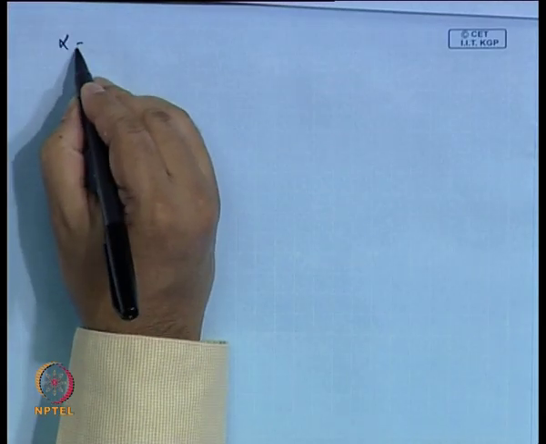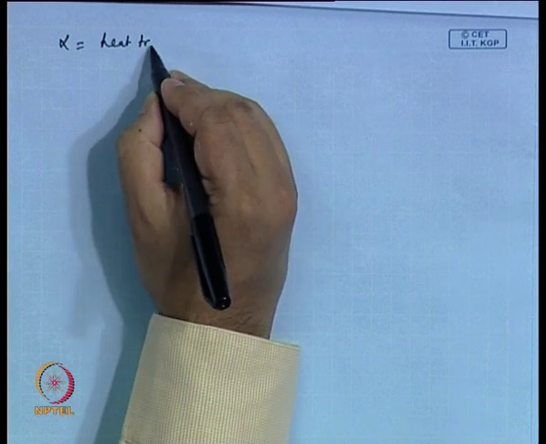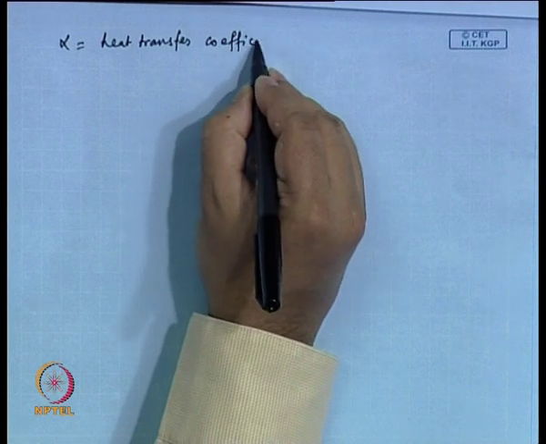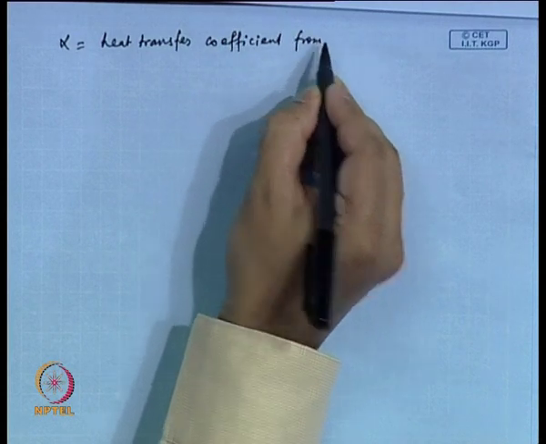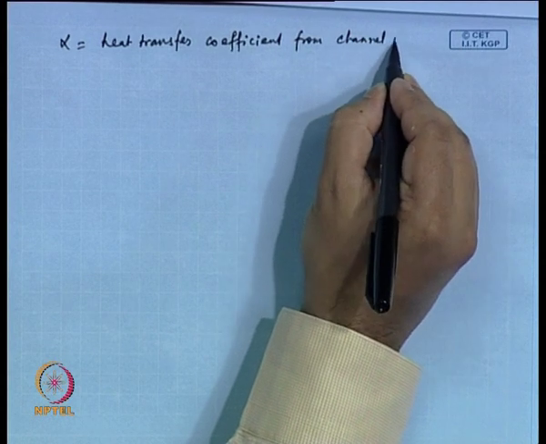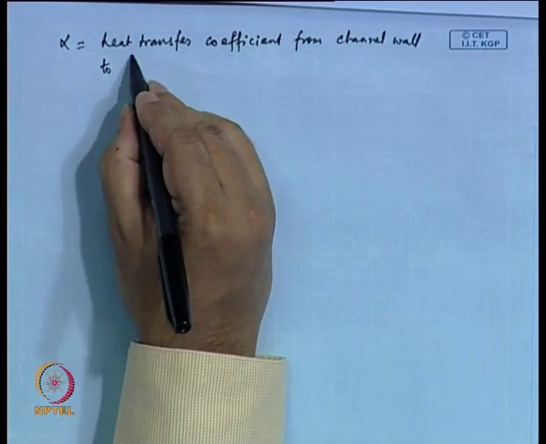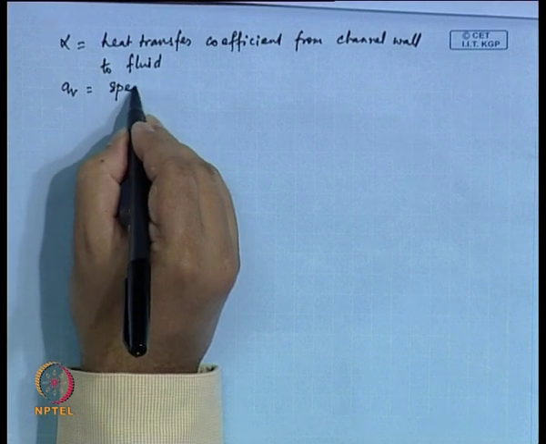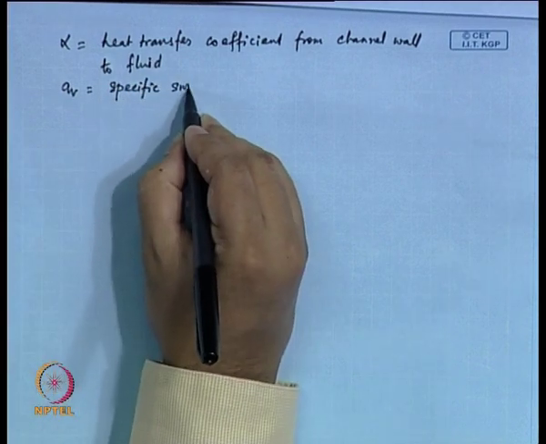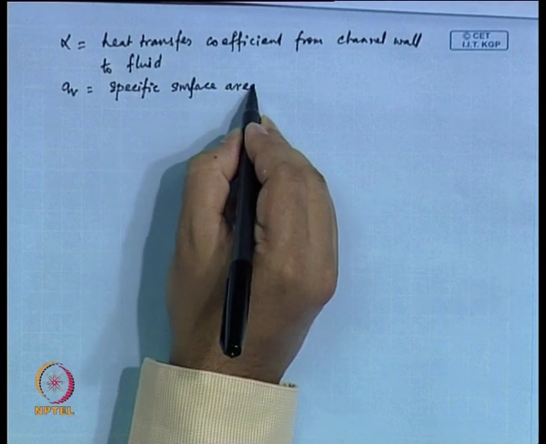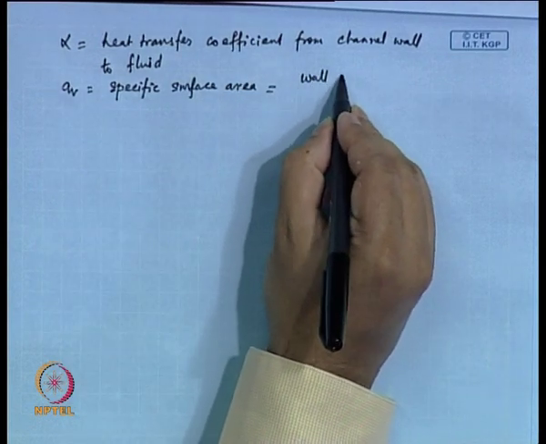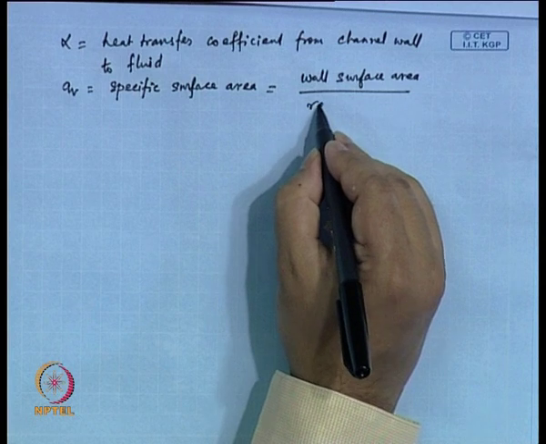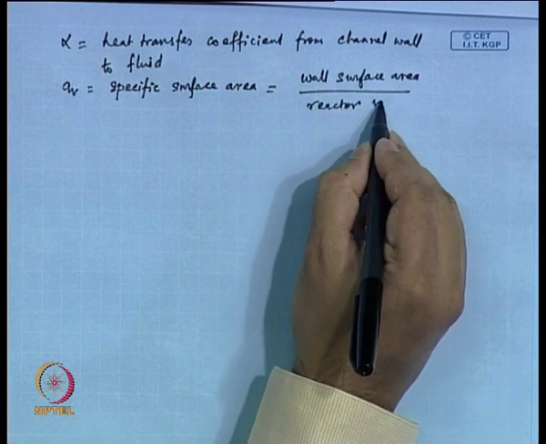Here alpha is equal to the heat transfer coefficient from channel wall to fluid, and A v is equal to the specific surface area, that is equal to the wall surface area divided by reactor volume.